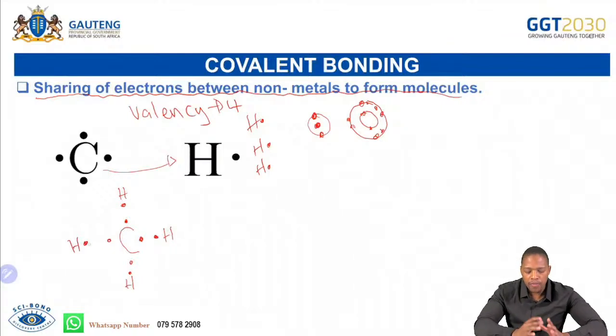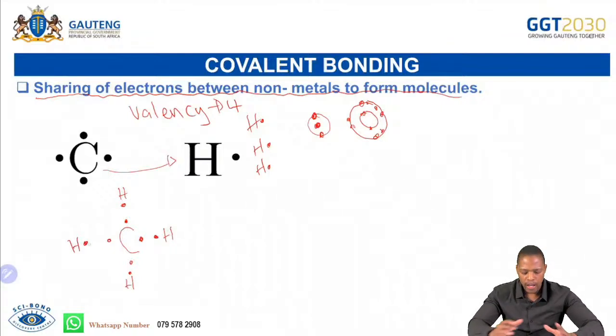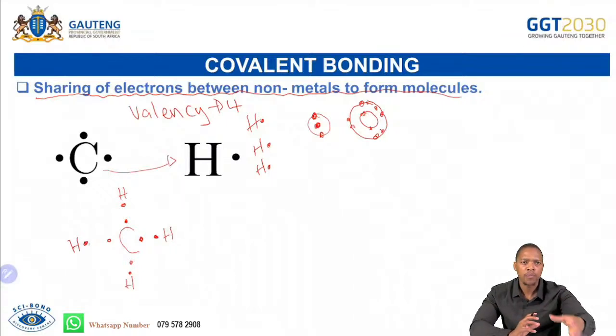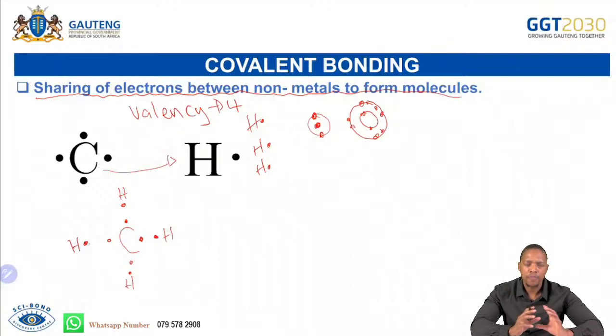So they have now bonded, and they have now formed what is called a covalent bond, where they are sharing the electrons. No one takes the electrons from the other one. So we are not going to have a case where the electron is transferred, where one of them is going to become positively or negatively charged. No, they are just going to have the same charges, because they are actually sharing the electrons.